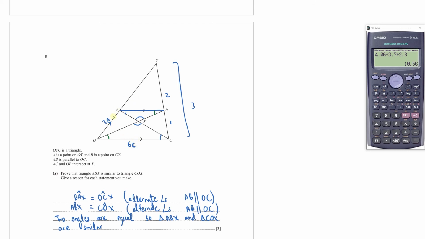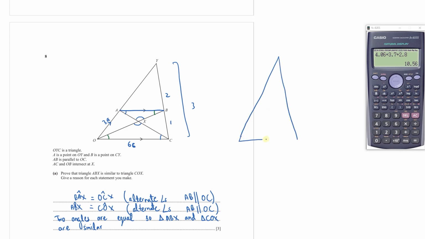So if I look at triangle OYC and triangle AYB, they are similar. Let me redraw this so that it looks closer to this shape here.